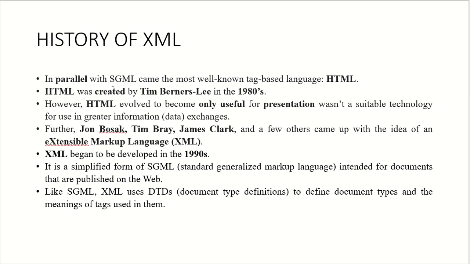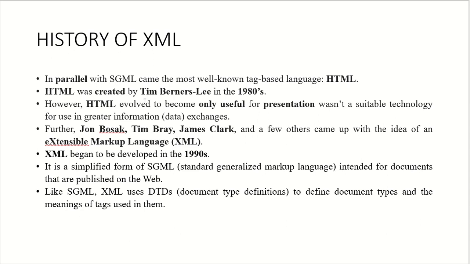In parallel with SGML came the most well-known tag-based language, HTML. HTML was created by Tim Berners-Lee in 1980s, almost after a decade. In parallel with SGML, HTML came into existence.